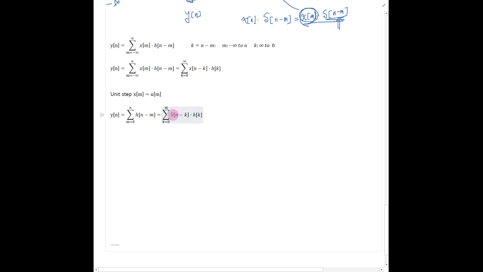If k changes from 0 to n, and k is replaced by n, it goes to 0. It means that for x[n minus k] to be 1, the index n minus k should be positive. So k is less than n.